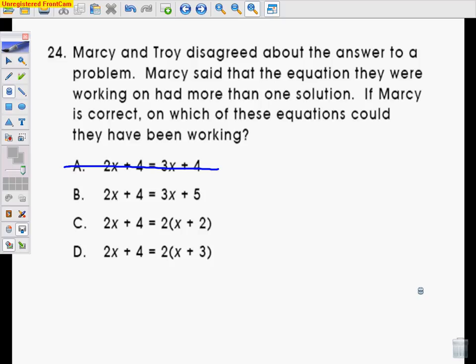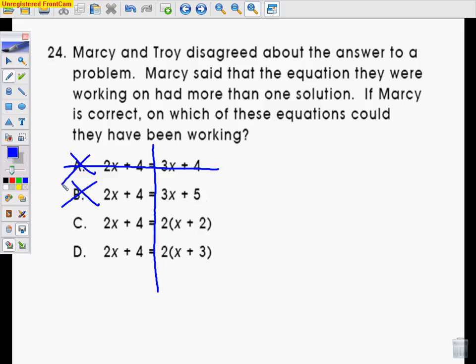All right, so I'm going to go ahead and just take these equations and I'm going to separate them left and right. Once again, an equation, the left and the right are separated through the equal sign. So if the left side equals the right side, that means that the two equations will have more than one solution. So 2x plus 4 and 3x plus 5, those don't equal each other. So it couldn't have been B.